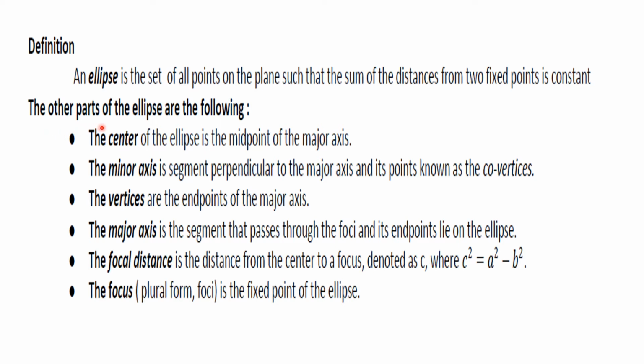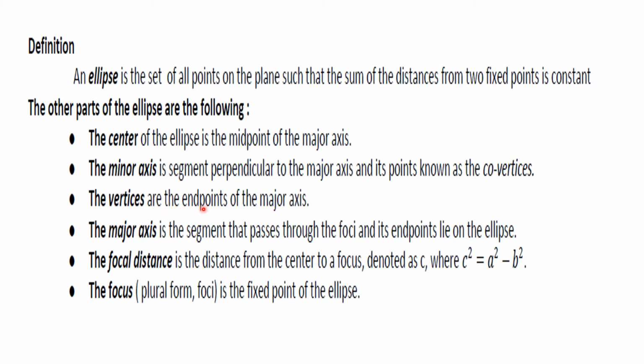The other parts of an ellipse are the following. So we have here the center of the ellipse, which is the midpoint of the major axis. Next, we have here the minor axis, which is a segment perpendicular to the major axis and its points are known as the co-vertices. We have vertices, or the endpoints of the major axis.